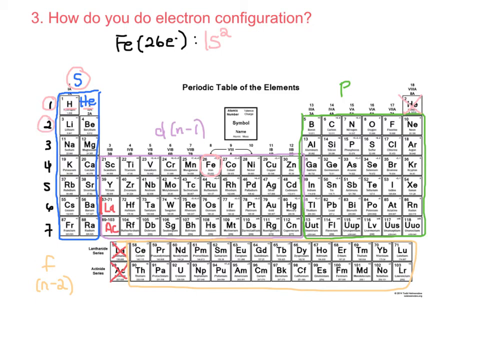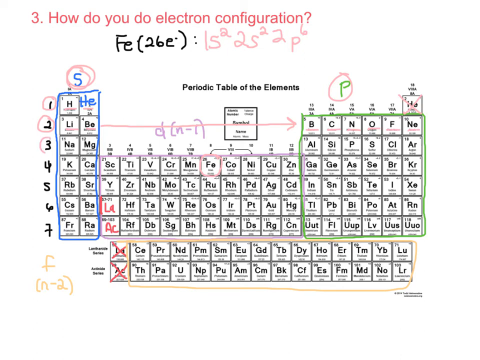And the second row, we're still in the S block, and we count over 2 boxes. And then we follow this over. We're still in the second row, and we're in the P block now, and we count 1, 2, 3, 4, 5, 6 boxes. Remember, we're trying to get to iron. We're not there yet.